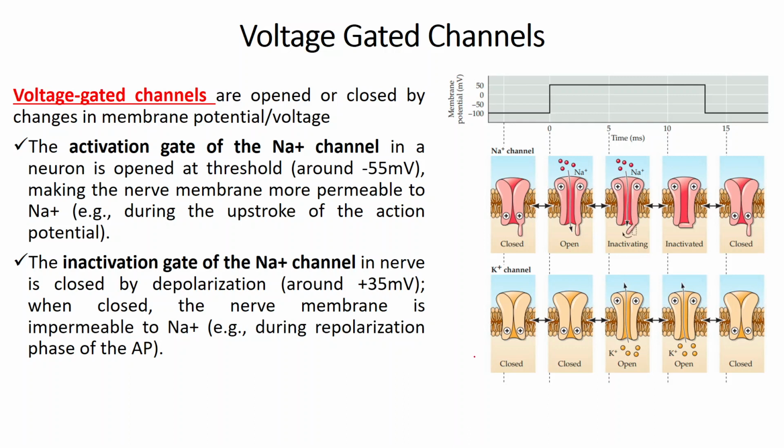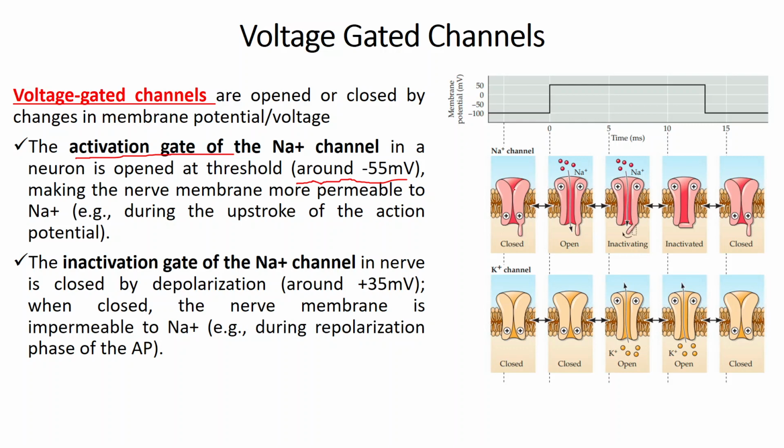And as we learned in the previous lecture, the voltage-gated sodium channels have two gates. There is the activation gate, which opens when they sense the change in the membrane potential to the threshold, around negative 55 millivolt.